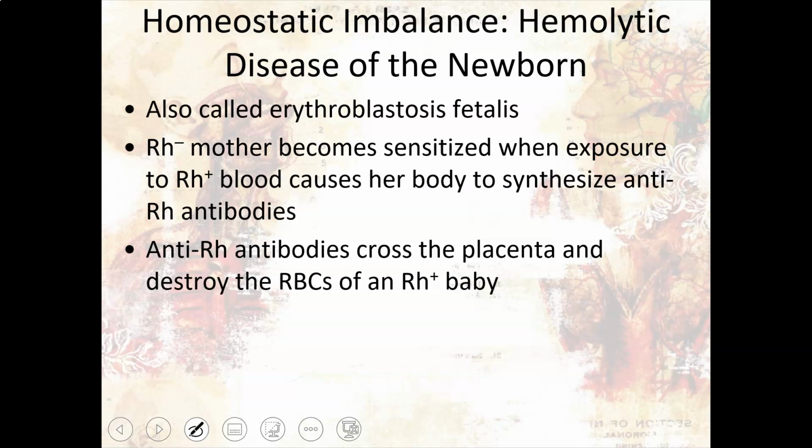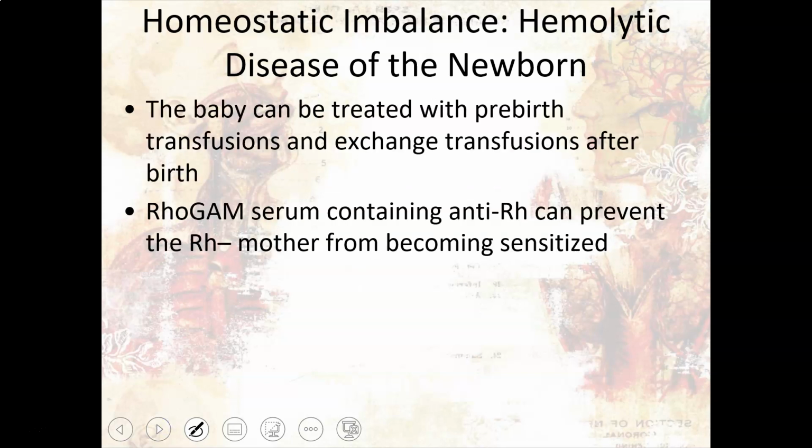So if you have a negative blood type, when you're pregnant, they treat you with RhoGAM, which keeps you from being sensitized. It prevents that from happening so that your antibodies don't attack the blood cells of the baby.